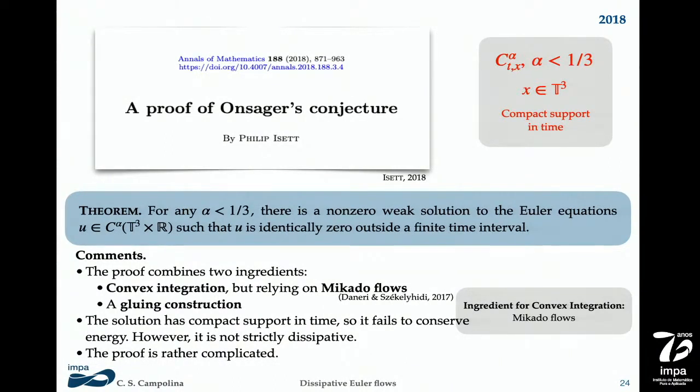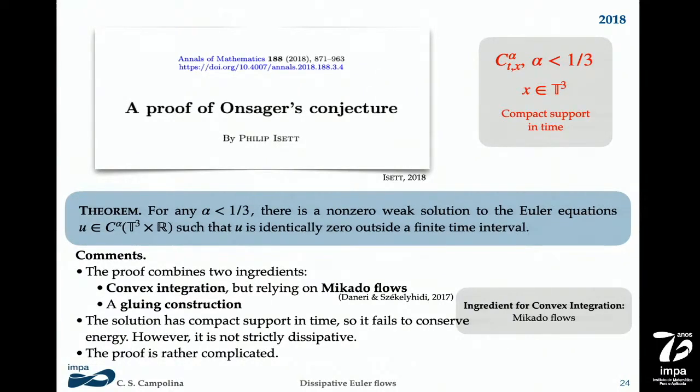So it's Hölder with alpha less than 1/3, both in space and time. It works on the torus, and it has compact support in time. And this is the theorem. So for any alpha less than 1/3, there is a non-zero weak solution to the Euler equations in this regularity, such that U is identically zero outside a finite time interval. So it has compact support in time, but with the regularity required by Onsager.